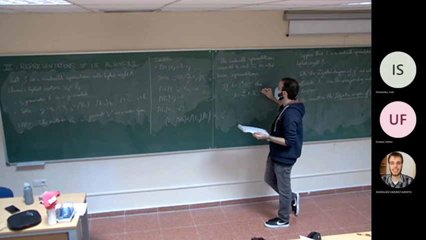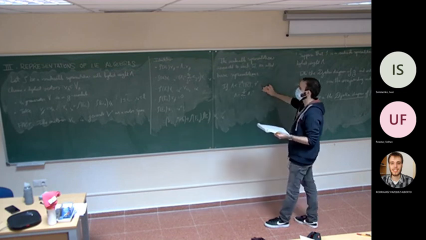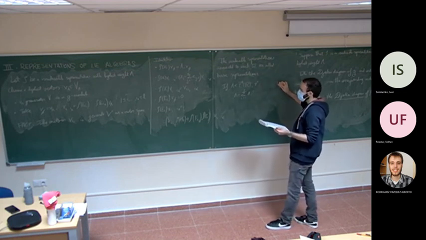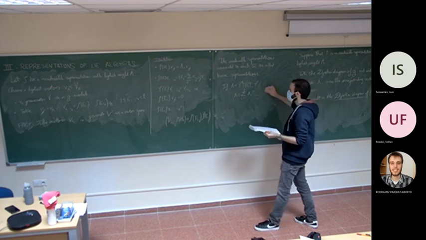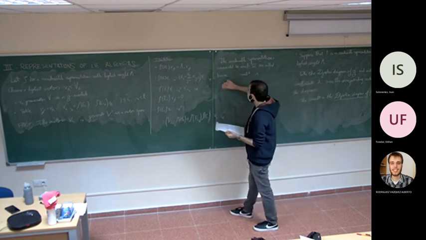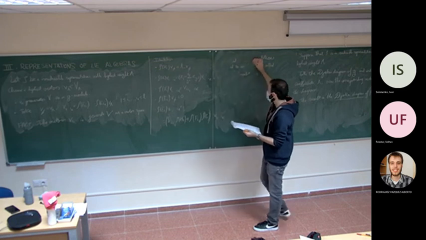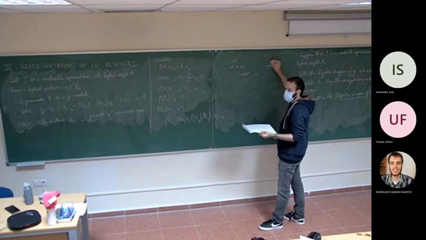Finally, remember that positive roots are a sum of simple roots. Here what we have is that weights of a representation are given by taking the highest weight and removing positive roots.